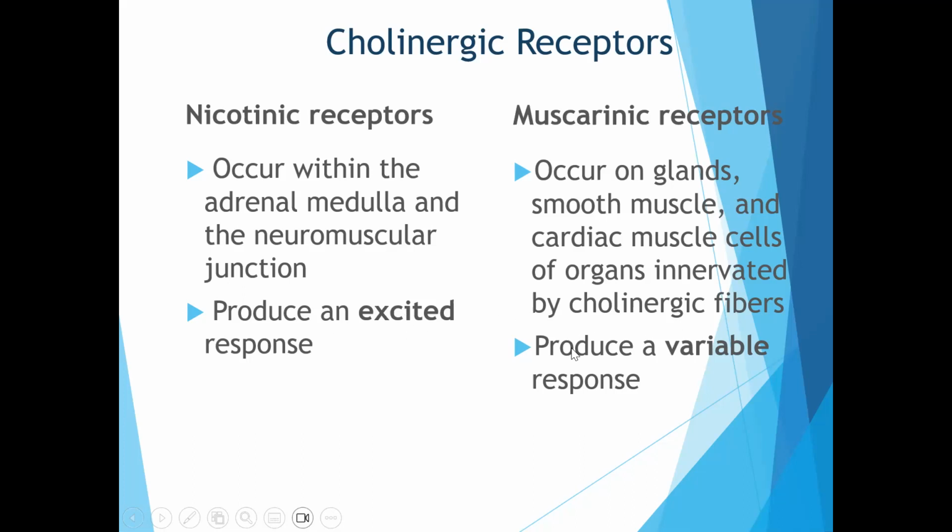Some may be excitatory receptors, while others may be inhibitory receptors. The reason we have these muscarinic receptors is so that acetylcholine is able to cause an excitatory response in certain organs while getting an inhibitory response in other organs, so that this can allow for opposite effects to happen at once.